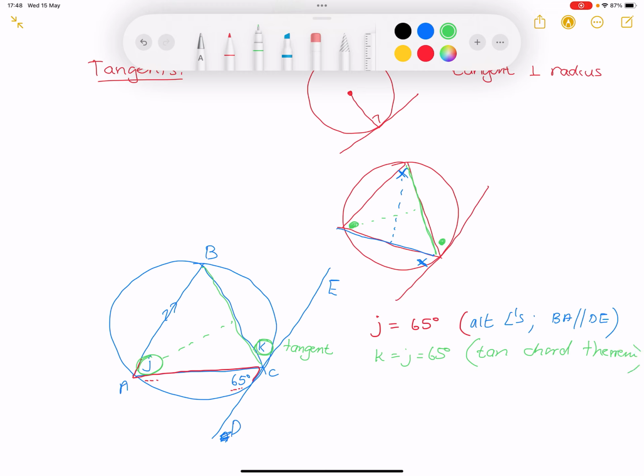Yes, ma'am. Okay. Ma'am, if they don't give us the parallel lines and they say that we should prove that AB and DE is parallel. Then if you find the angles equal, then you know it is parallel. Yes, ma'am.